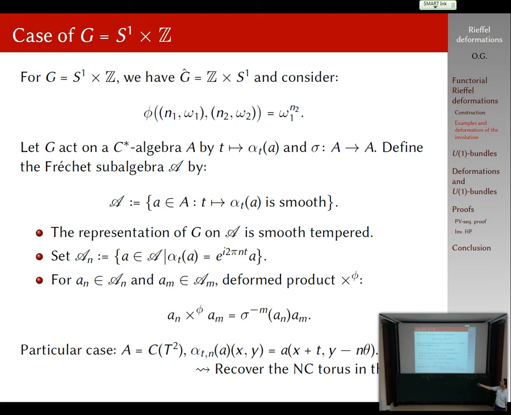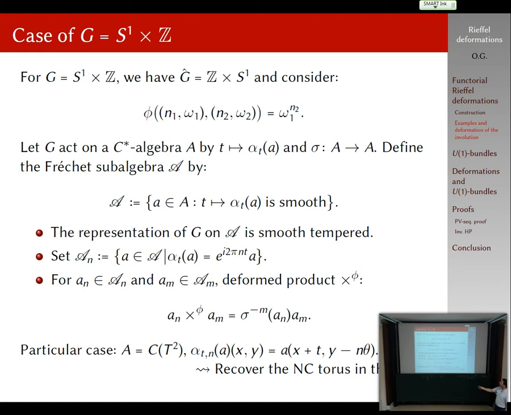We let G act on a C-star algebra by this, and you've got an action of S1 which is implemented by alpha, an action of Z which is implemented by sigma. You define a Fréchet subalgebra in the usual way, asking that this map from S1 to the C-star algebra is smooth. Then, result number one, we have a smooth tempered representation of our group G on a smooth subalgebra, so we can apply our theory.